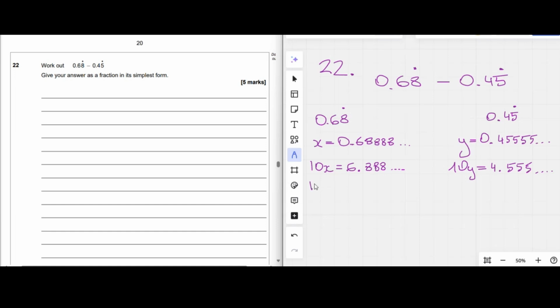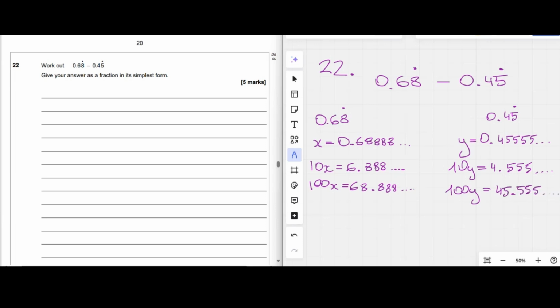And now we can do further to 100x, which is another place, 68.8888. And 100y is again another place, 45.555.